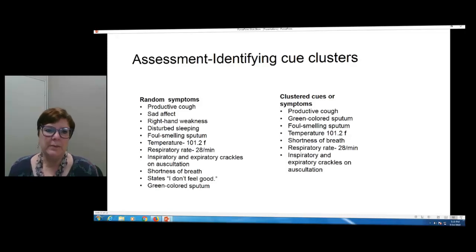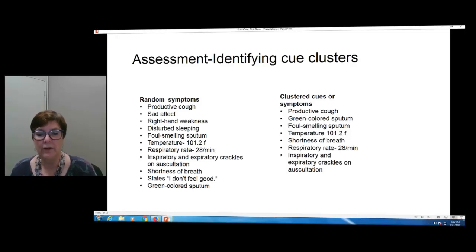So let's look at our symptoms. All right, obviously there's something going on, and obviously we have a problem here with this patient, correct? So we need to look at these random symptoms and we can then cluster them. So the common thread seems to be the respiratory symptoms. So the productive cough, the green colored sputum, the foul smelling sputum, that temperature indicates infection, shortness of breath, the increased respiratory rate, and the crackles.